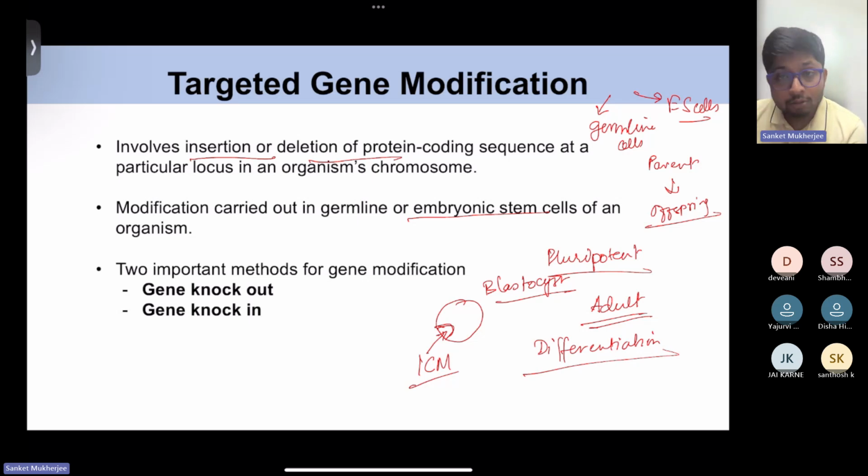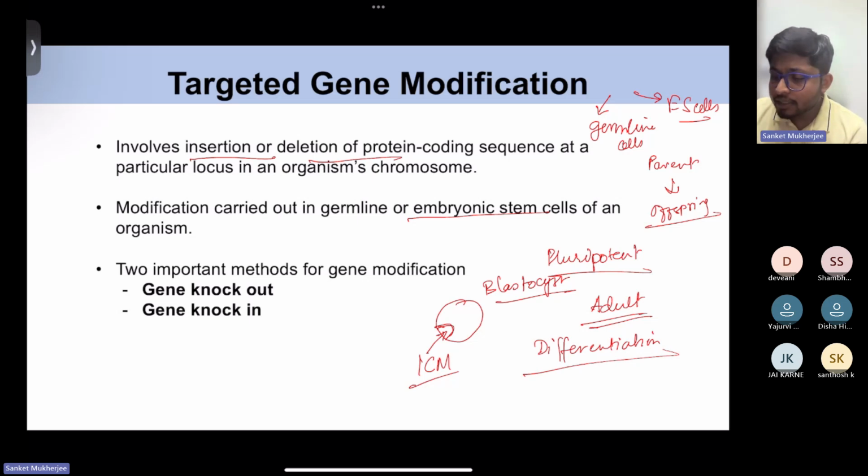And although genetic modification as such is not approved in therapy, there are still multiple gene therapy trials which are going on, in a hope that we will someday be able to cure a lot of genetic diseases based on this therapy, right?